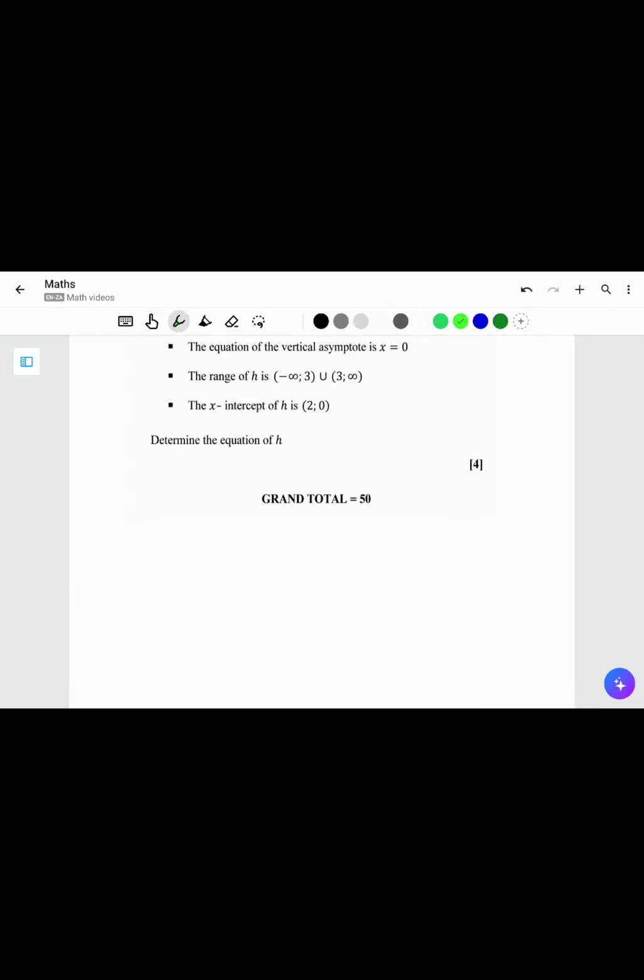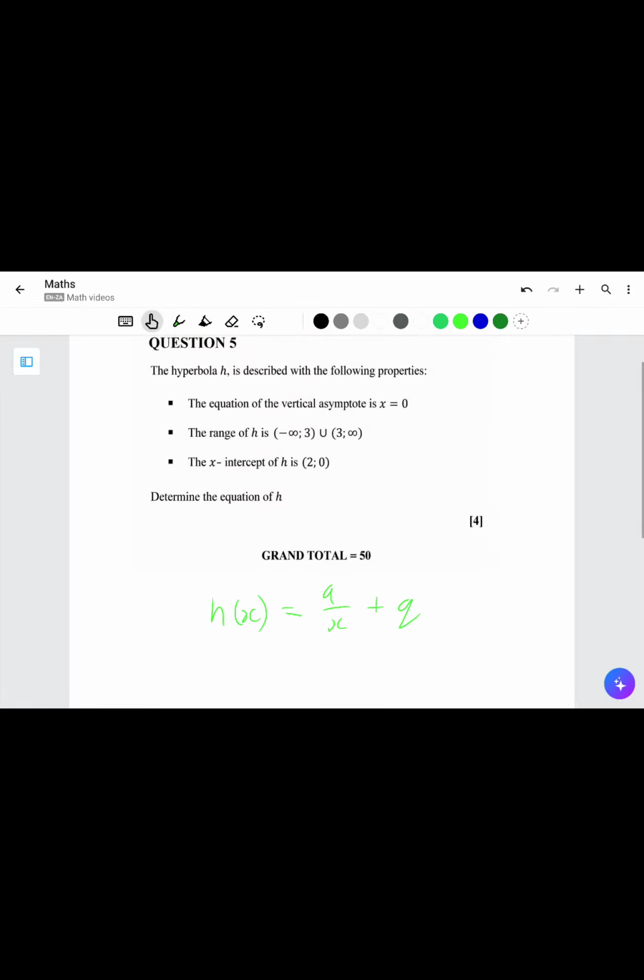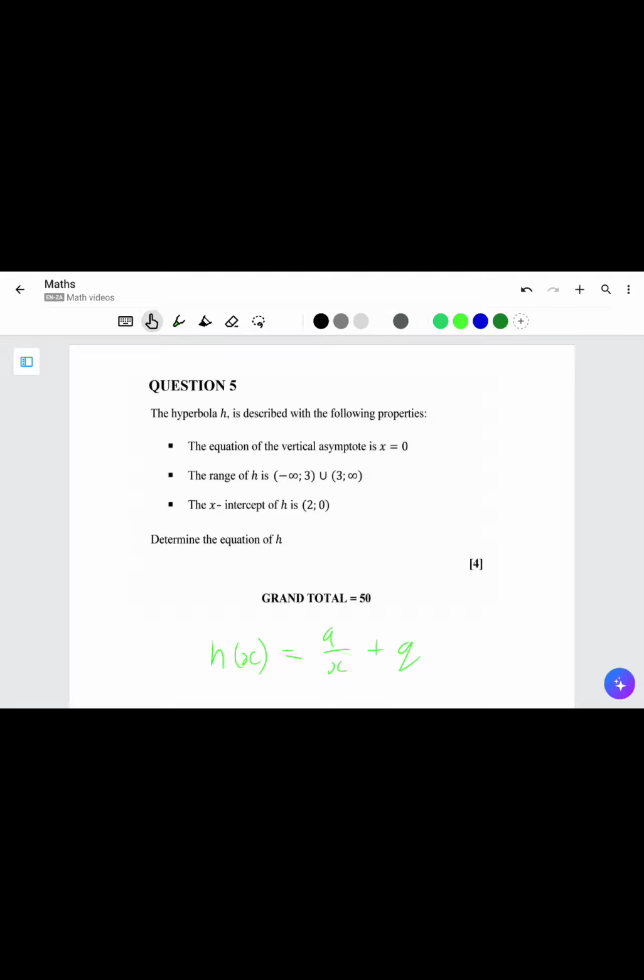We know the general formula for a hyperbola is, we can say that h of x equals a over x plus q, right? You guys know this. And we can say that the horizontal line that the graph must not touch is y equals 3.